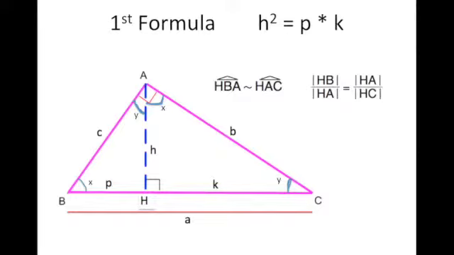And if we represent this with the letters we assigned the sides before, P divided by H equals H divided by K is concluded. And if we do the cross multiplication of this equation, we end up with the first formula of the Euclid theorem, which is height squared equals P times K.